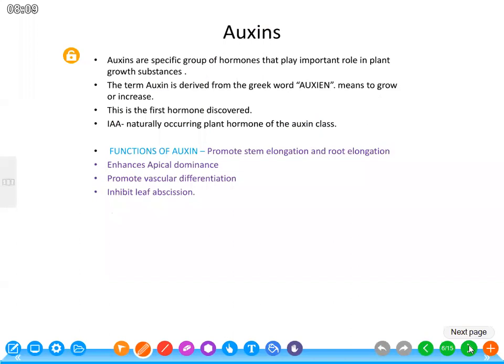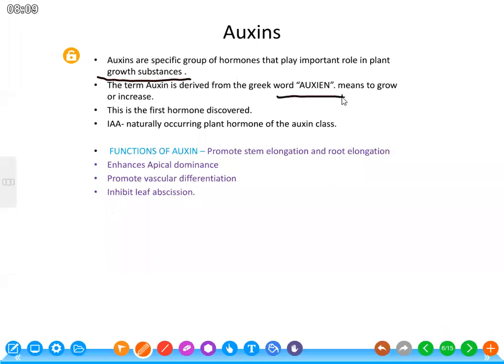Now, let us see about auxins. This is just an introduction. Auxins are a specific group of hormones that play an important role in plant growth. The term auxin is derived from a Greek word.